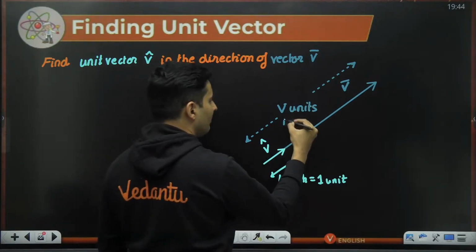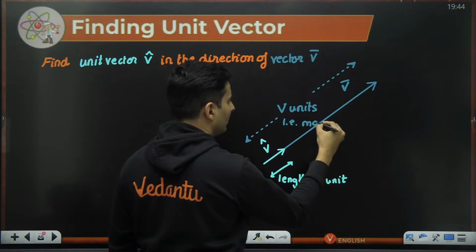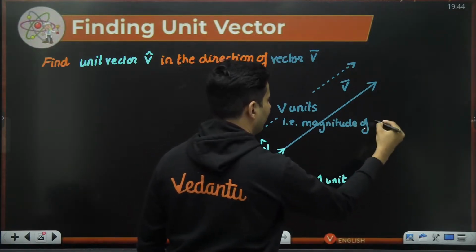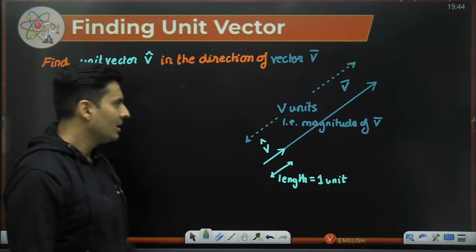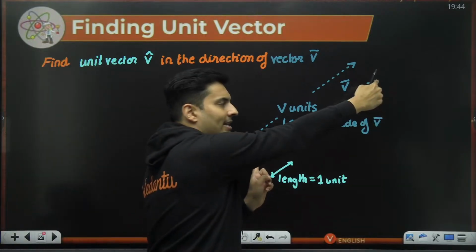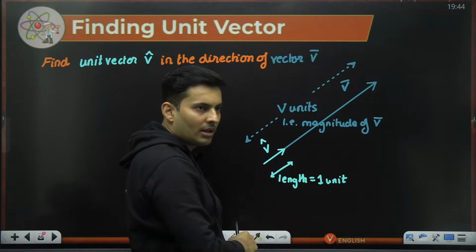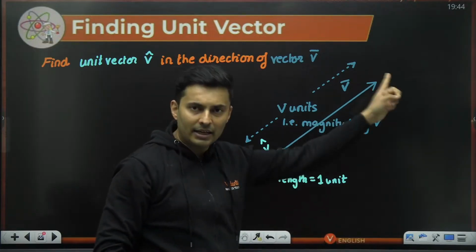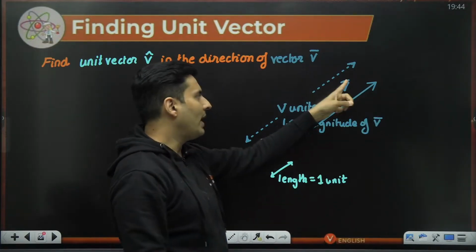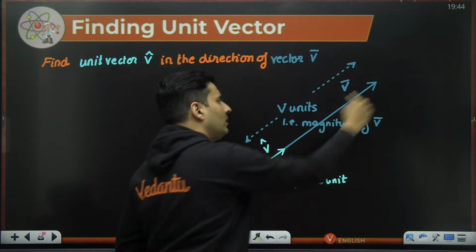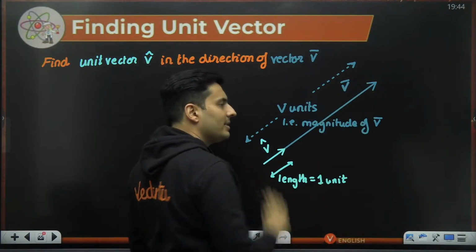Which is basically the magnitude of the vector v. If the length is 7, the total length will be 7, magnitude is 7. If the magnitude of this vector is 116, the length of this will be 116.